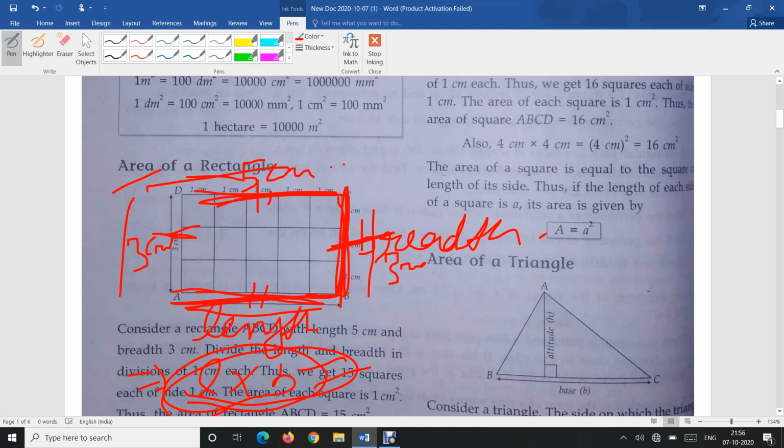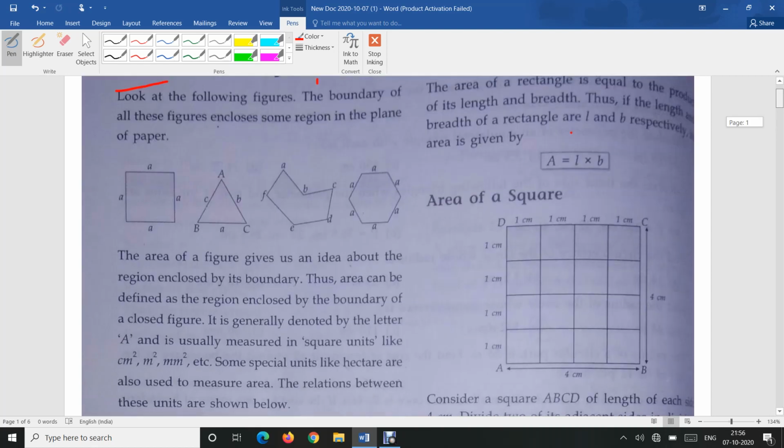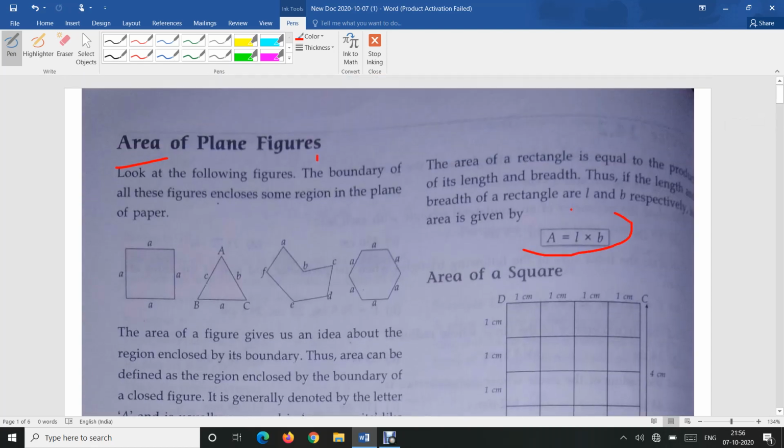This is the breadth, also this is the breadth of the rectangle. The formula for the area of a rectangle is length multiplied by breadth, that is A is equal to L into B, where L is length and B is breadth.